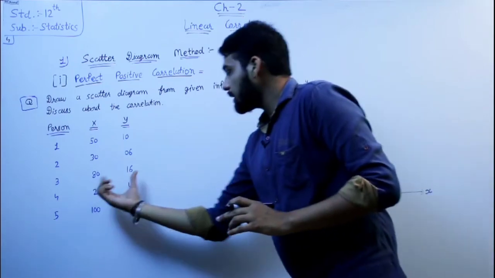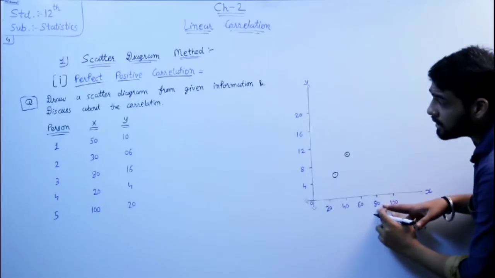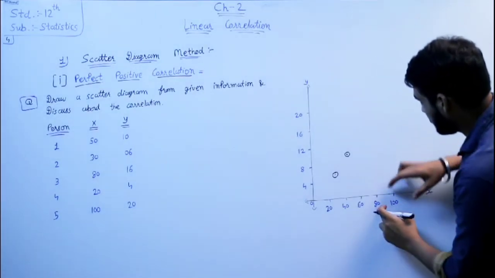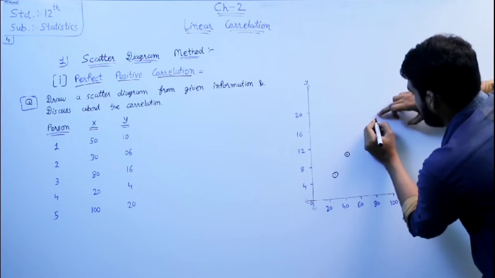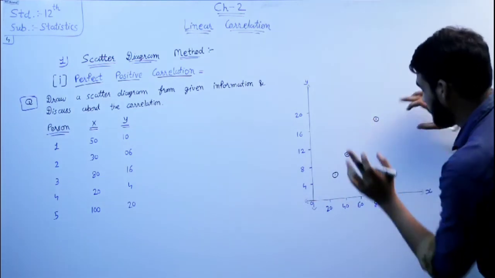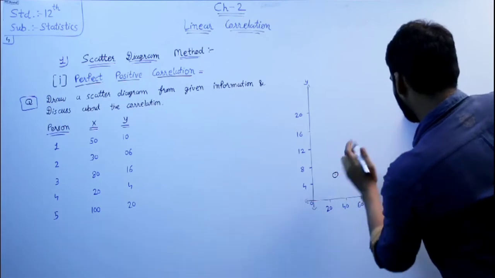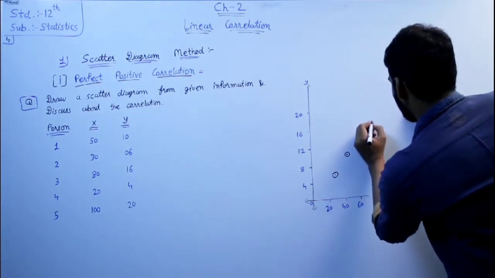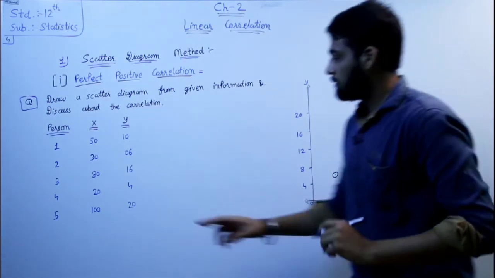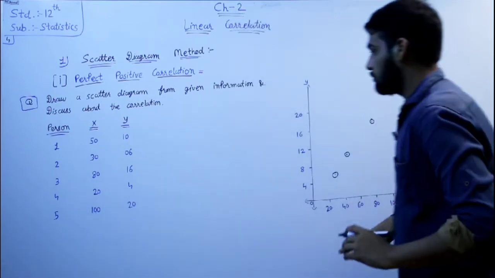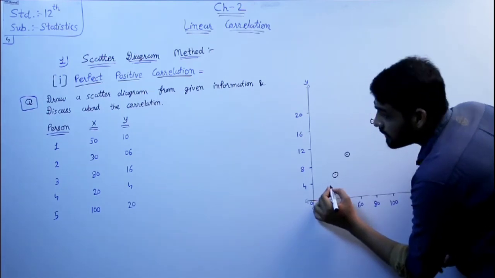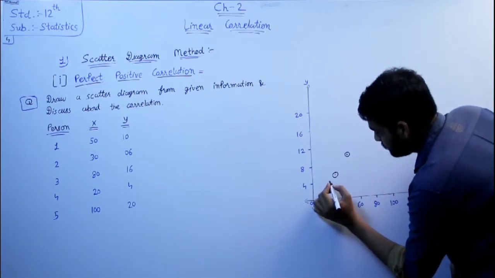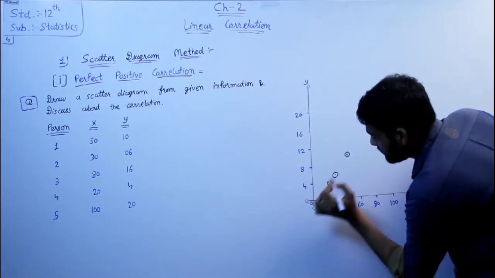Then 80 and 16: on the x-axis we take 80 and on the y-axis 16, and the corresponding point is here. Then the fourth, 20 and 4: on the x-axis we take the value 20 and on the y-axis 4, that means here.